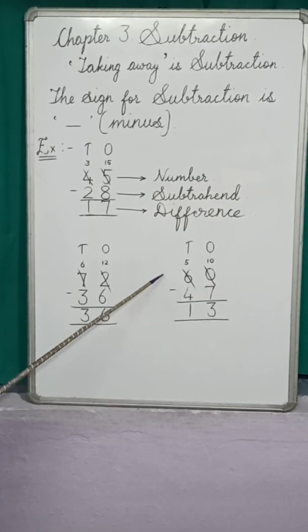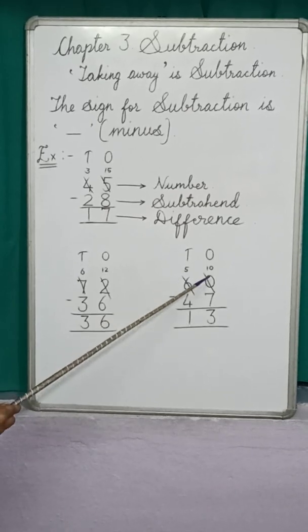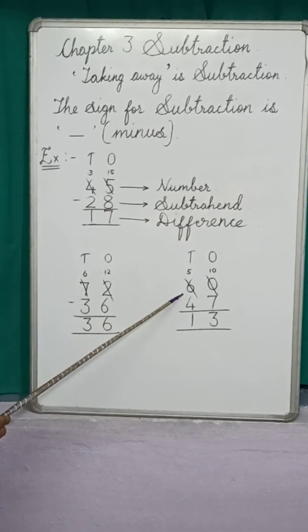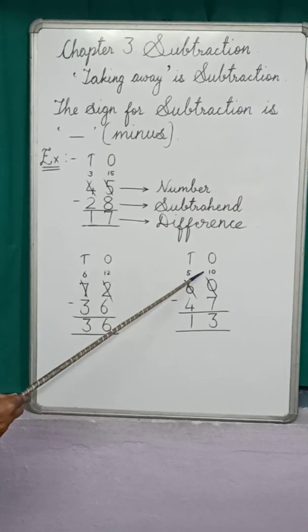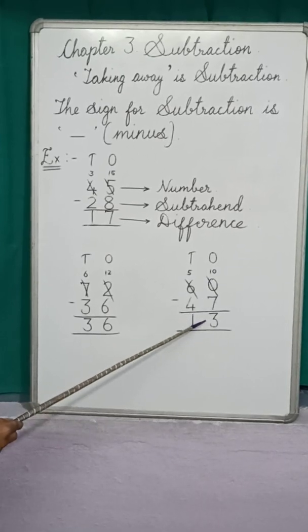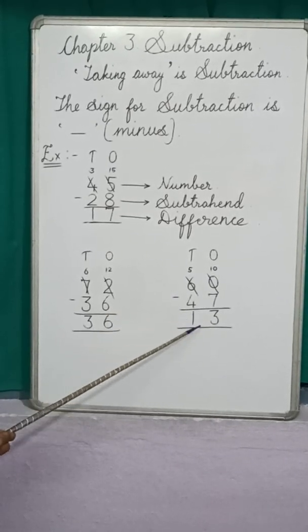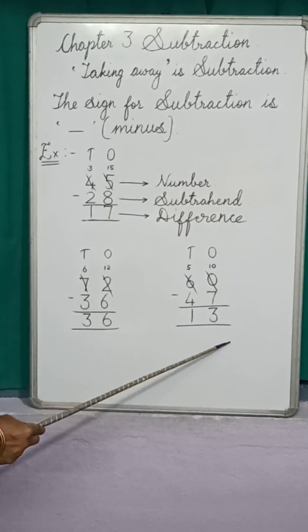So what should we do now? We'll borrow 1 ten from the tens place. So after borrowing, this 0 will become 10 and this 6 will become 5. Now let's subtract this. 10 minus 7 will be 3 and 5 minus 4 will be 1. So we got here answer 13. So 13 is called the difference.